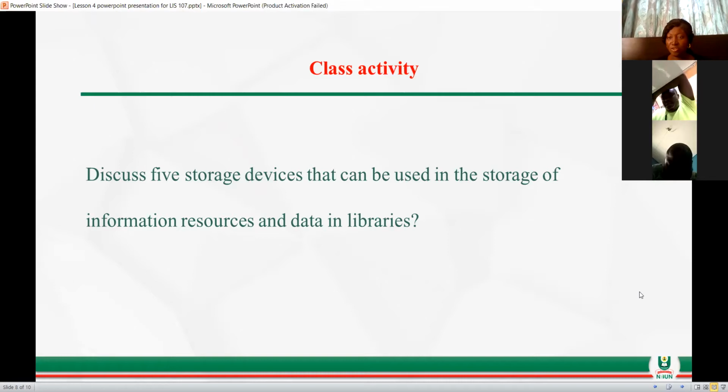Which center are you from? Hello. Gombe. I said, which center? Gombe. Yes, ma'am. Wow, I've been to Gombe before. Gombe is a quiet place.